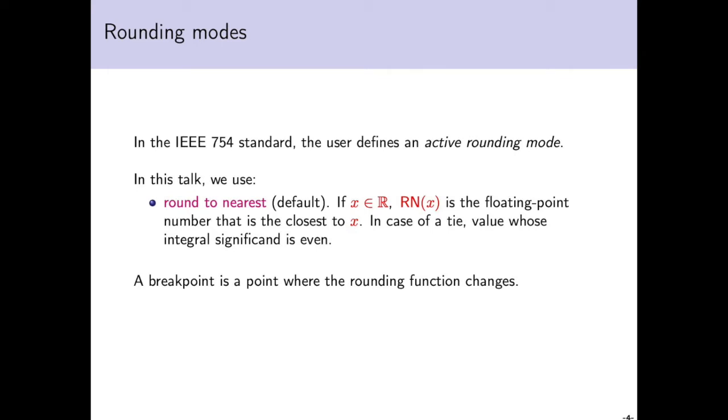So what we call a breakpoint is a point where the rounding function changes. When you use rounding to nearest, the breakpoint will be the middle of two consecutive floating point numbers. Is this clear?